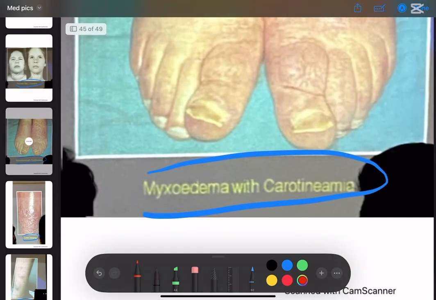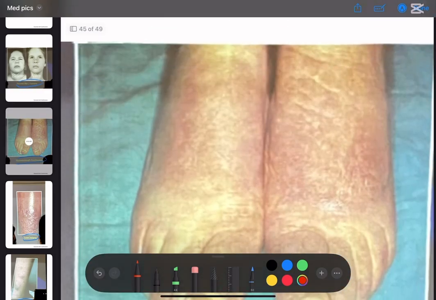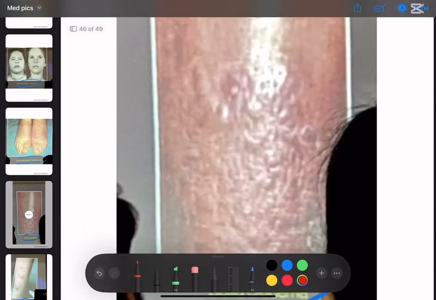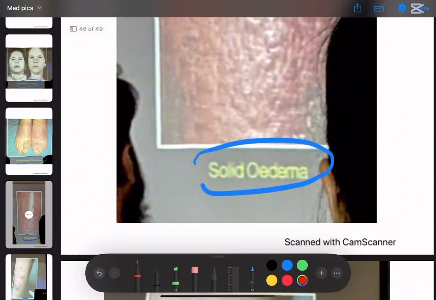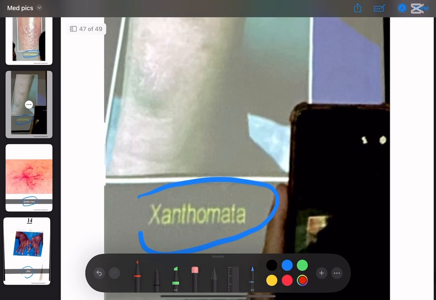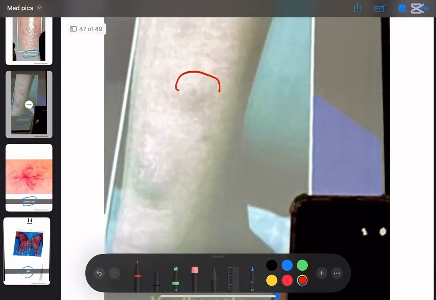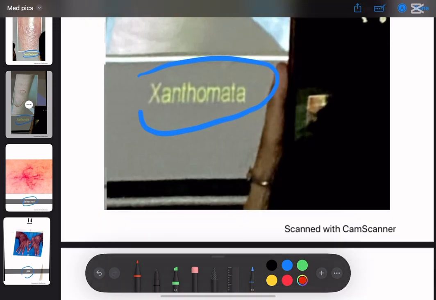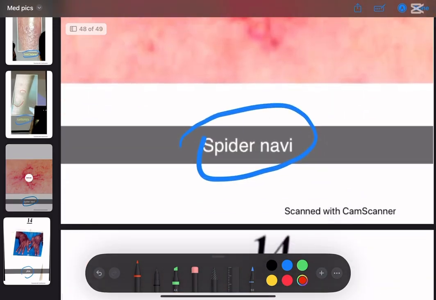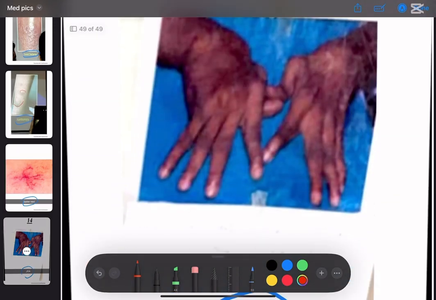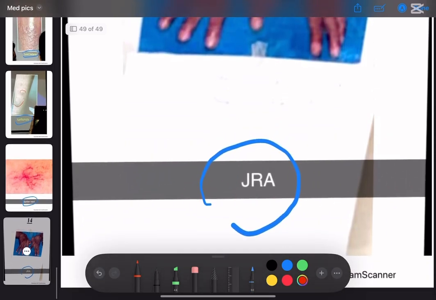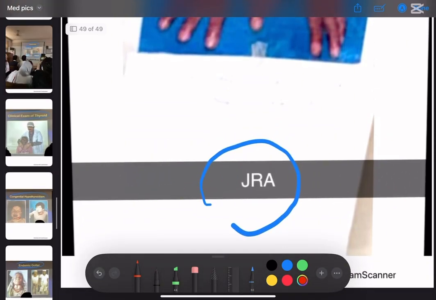This is eczema and carotenemia. This is solid edema. This is xanthomata. Okay, these are the xanthomata present. These are kind of ulcers. This is spider nevi, and this is juvenile rheumatoid arthritis. Okay, so these were all the pictures.